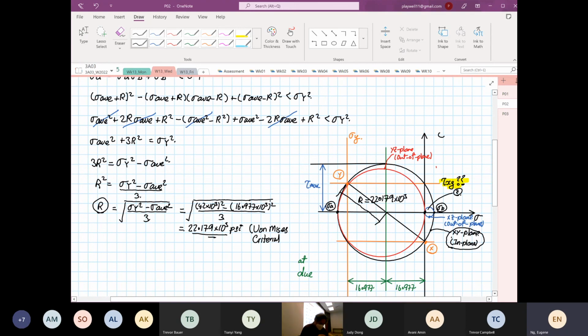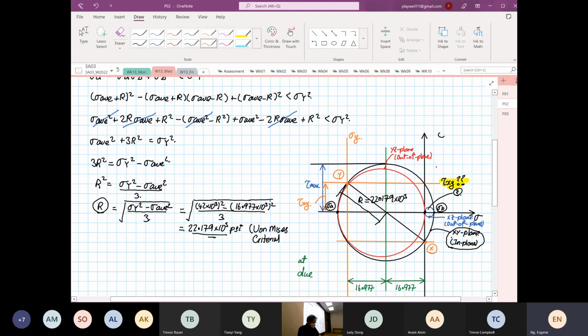So from here, we can find this height over here. So this height over here is our shear xy.